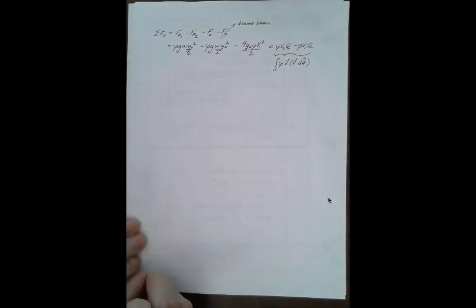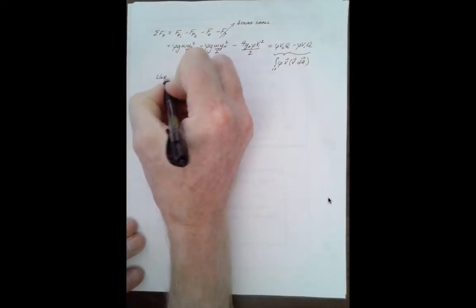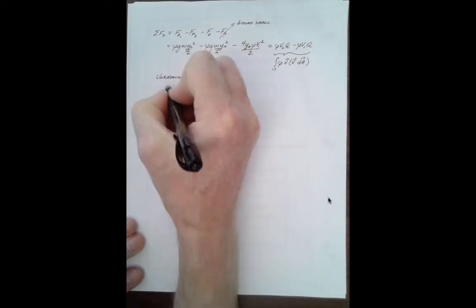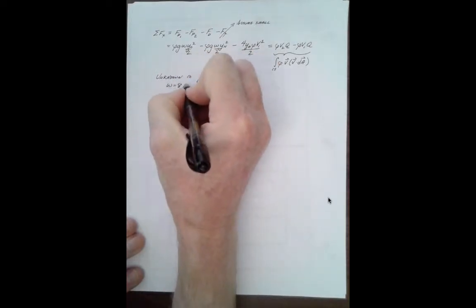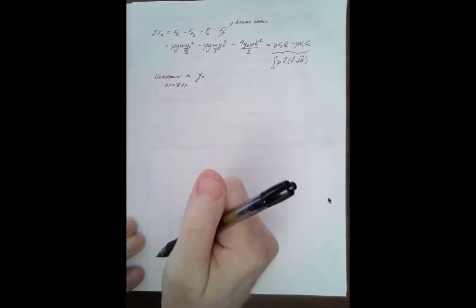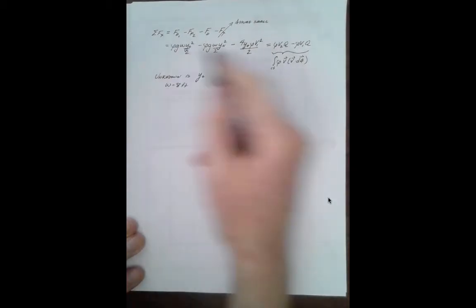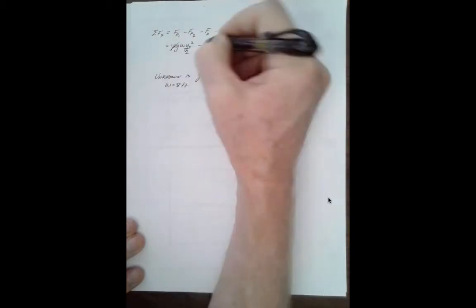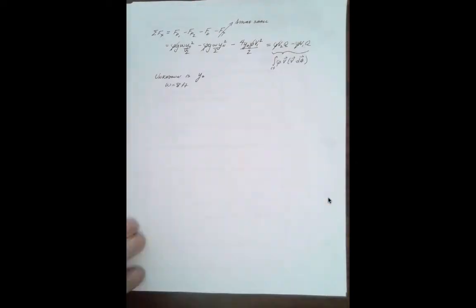We now can attempt to populate it. Our unknown is y0. W is equal to 8 feet. Every term has a rho in it, so it looks like we can cancel that.